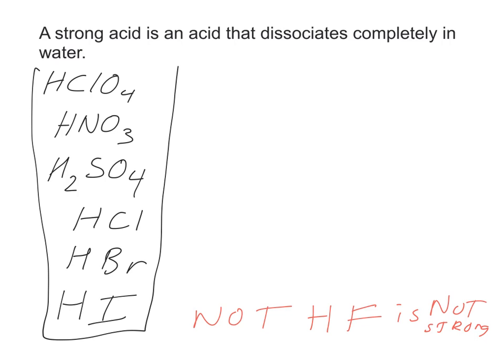You are responsible from this point on, till the end of your existence, for knowing that these are your 6 strong acids. All of these acids dissociate completely when placed in water, meaning, let's set up a chart here.